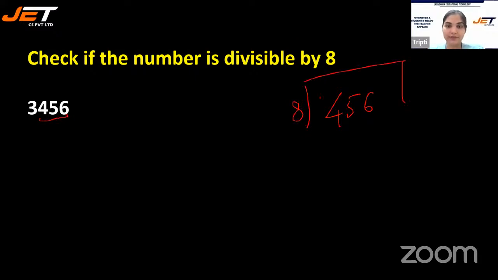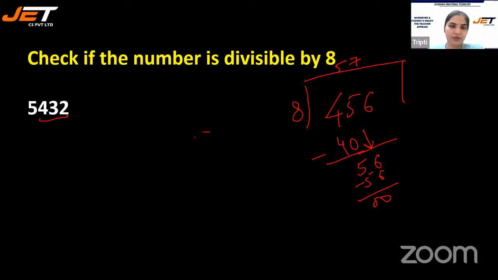Divided by 8. 8 times 5 is 40. 5, bringing down 6. We have done this already. Anyways, 8 times 7 is 56. This is divisible. Let me just change this and see what can be here.